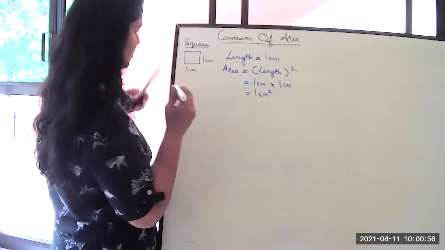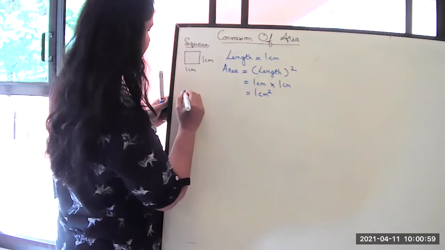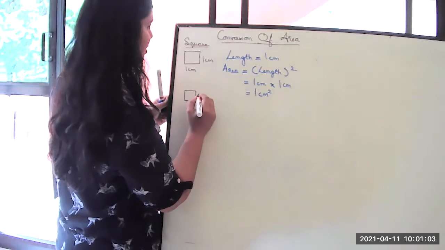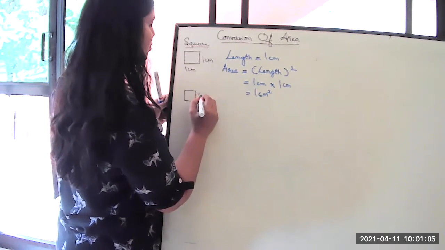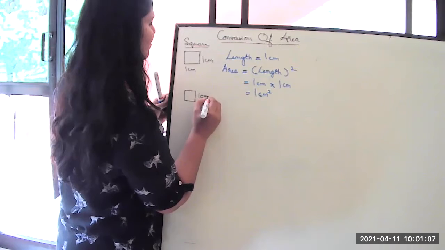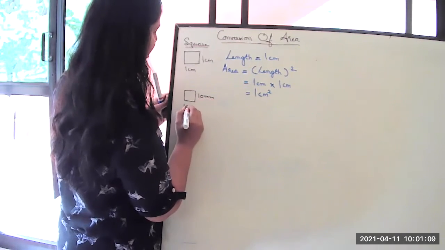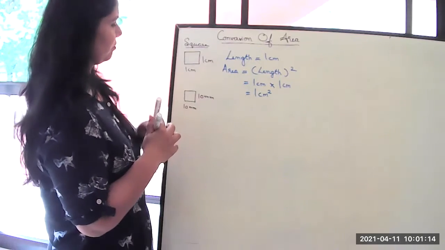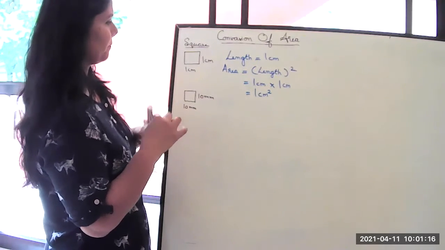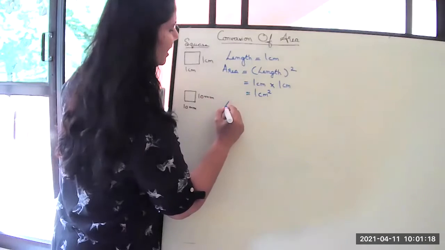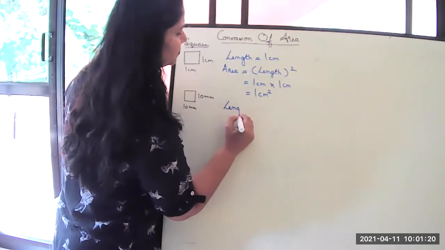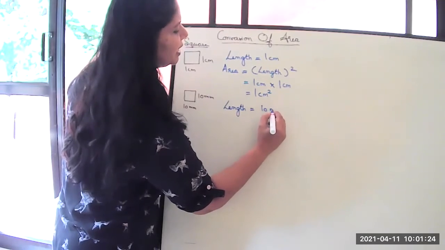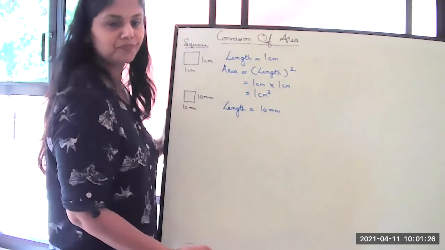Let me draw another square. I hope this looks like a square. So the length I am taking is 10 millimeter.